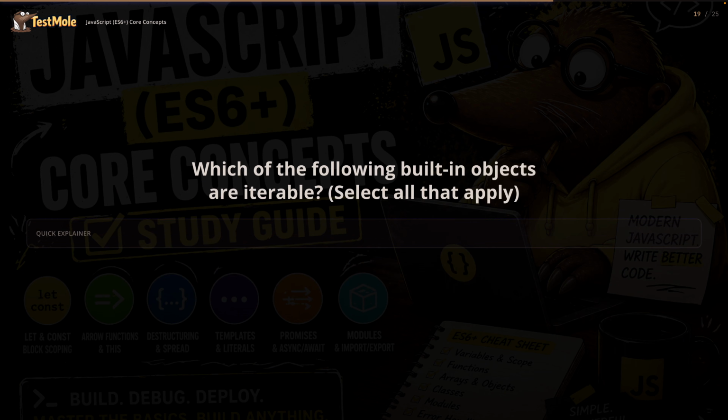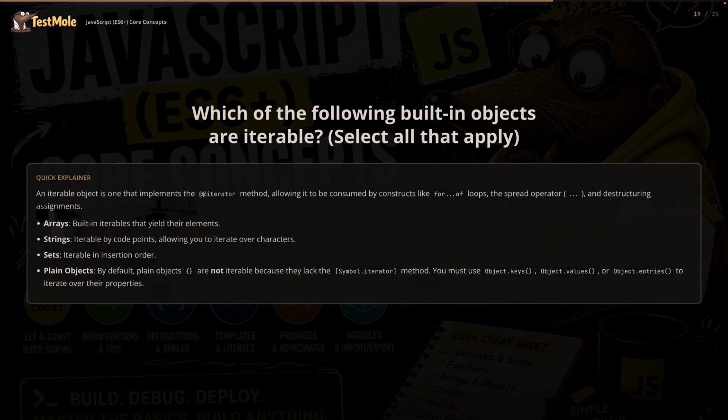Which of the following built-in objects are iterable? Select all that apply. An iterable object is one that implements the Symbol.iterator method, allowing it to be consumed by constructs like for...of loops, the spread operator, and destructuring assignments. Arrays, built-in iterables that yield their elements.